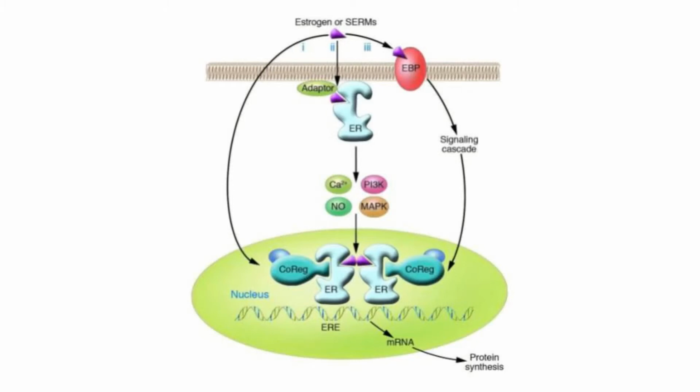The next mechanism we'll talk about is non-genomic mechanisms, and this is number 2 in this diagram, and this will be a quicker response, so the response will happen in seconds to minutes instead of hours, like the previous mechanism we talked about. The estrogen receptor will also be located in or adjacent to the plasma membrane instead of in the nucleus, like the classical mechanism.